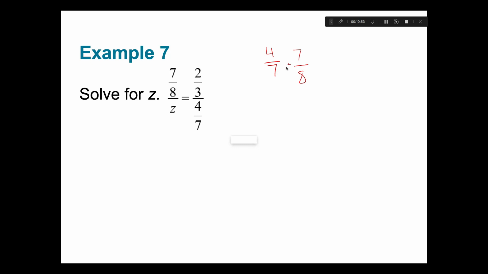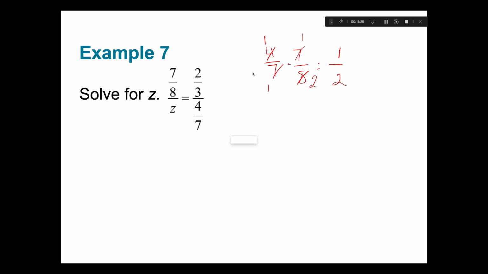The 4 and the 8. So the 4 would be a 1. The 8 would be a 2. Is there anything else I can cancel? The 7s, right? They're going to cancel each other completely out. So they become a 1 and a 1. 1 times 1 is 1. And 1 times 2 is 2. So when I multiply those times each other, I end up with a half.